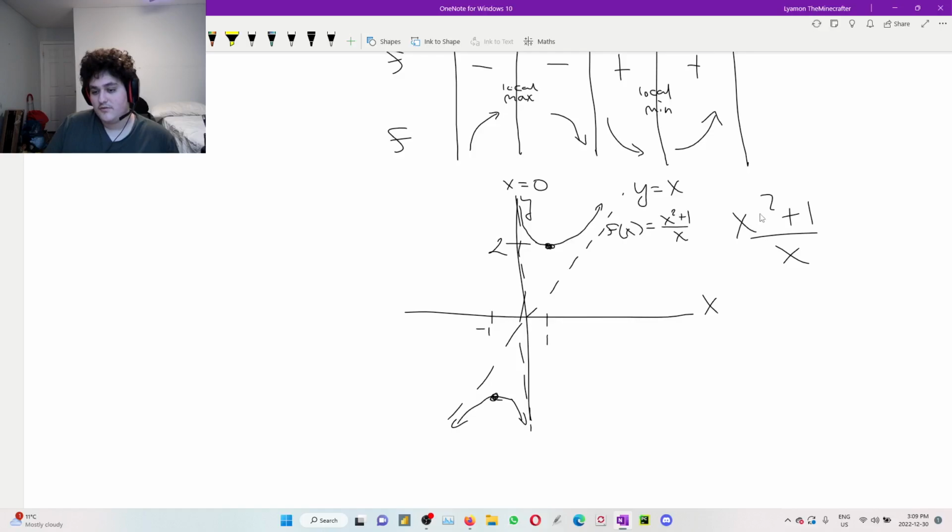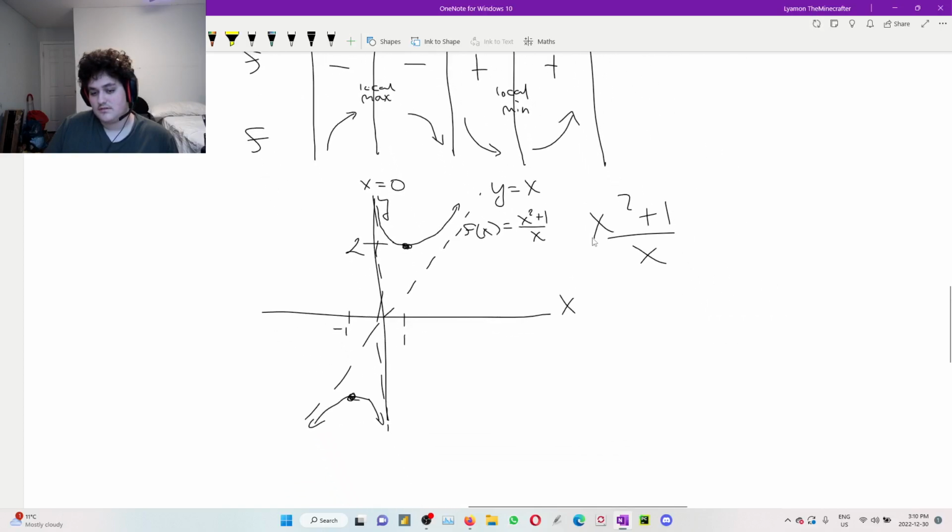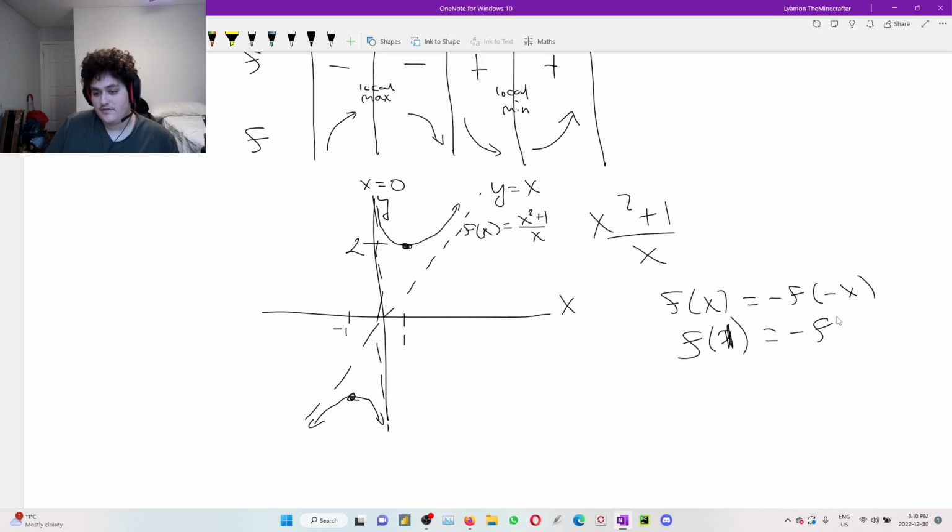If you put in -1, obviously it's going to be negative, like -2. Based on f of x equals negative f of negative x, f of 1 should equal negative f of -1, so f of -1 should equal negative f of 1.